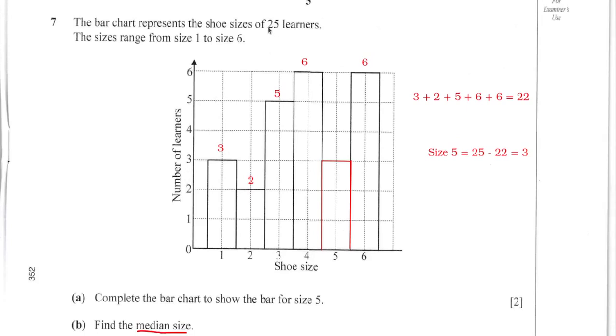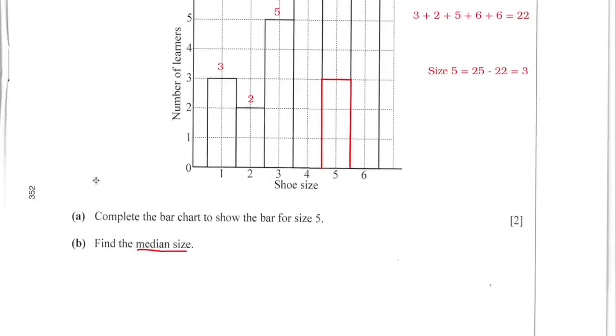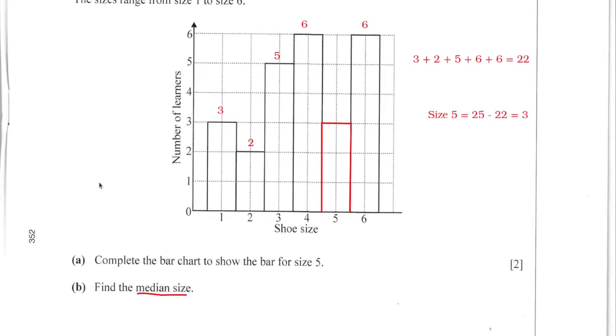Is it 13? Position number 12, that's 24, then position number 13. So what is position number 13? Let's just write this one here like this, then we will use the formula.